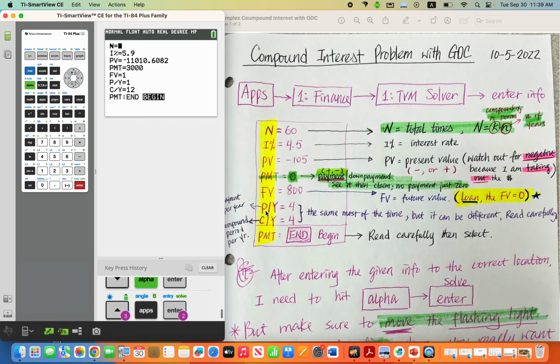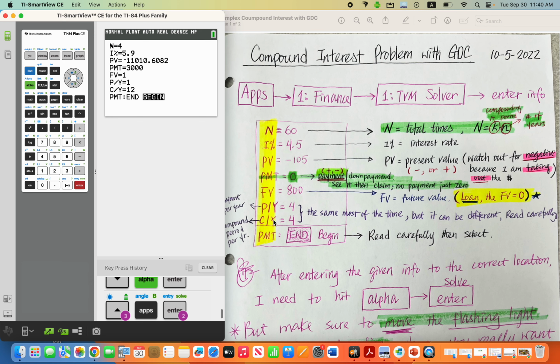Now, moving on. P/Y means the payments per year. So you have to read the question for any special indication of how many times I'm going to make the payment. If it's monthly, that will be payments per year 12. And C/Y is the compounded periods per year. Again, we have to read the question: is it compounding quarterly or compounding daily?